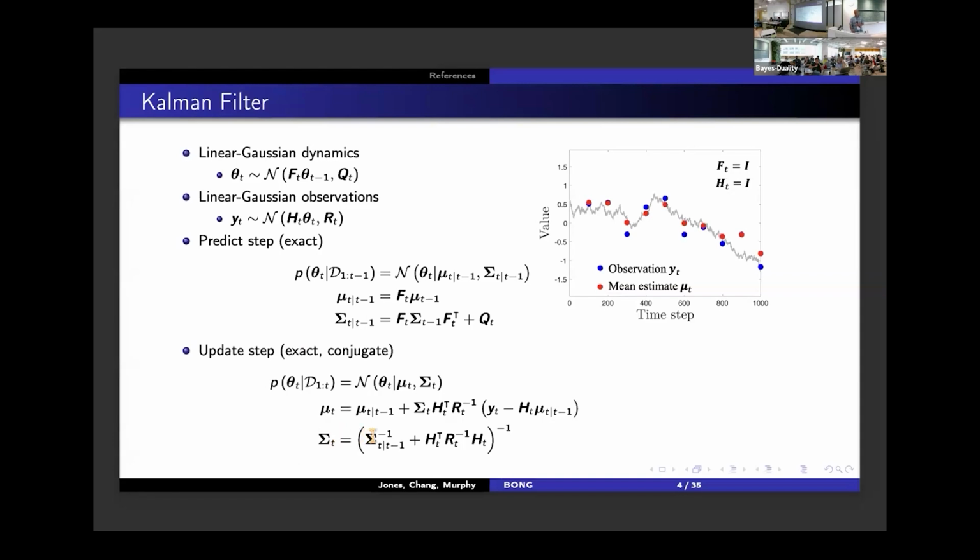So there's the natural parameter from the prior, and this is basically the Fisher information, which is the contribution of the natural parameter that comes from the observation. The same thing happens with the mean if you reframe things in terms of natural parameters, which is where we're heading. So that's one example of Bayesian filtering. It's the simplest one, and it's one where you can have closed form updates.